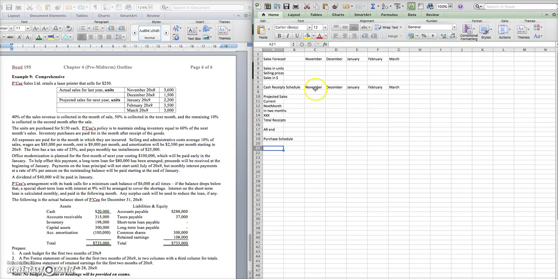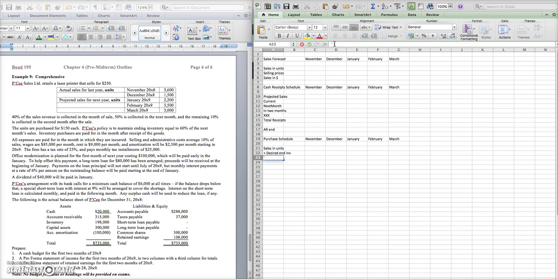So to arrive at that purchase schedule, we will once again need to copy down our number of months. And we start with the sales in units. We want to add in our desired ending inventory. Oops, and it doesn't like that, so I'm just going to change that quickly.